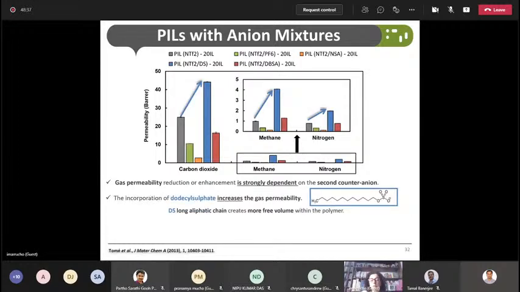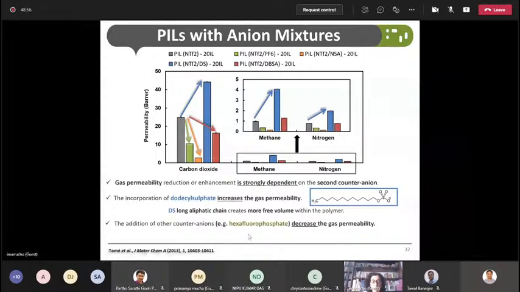So what we think is that this long alkyl chain of the dodecyl sulfate creates free volume inside of the pores, and thus allows for the gas to pass through. Sometimes there are some counter anions, like for instance, the PF6, that decrease the permeability of the polymeric ionic liquid.